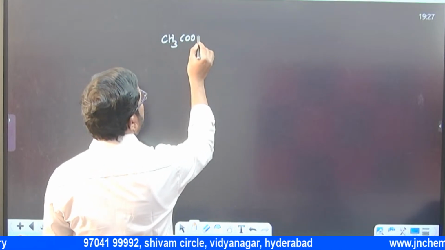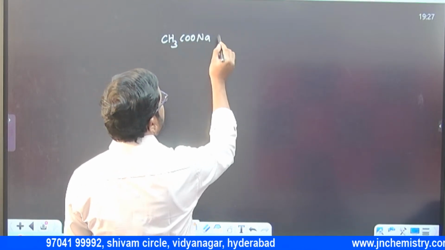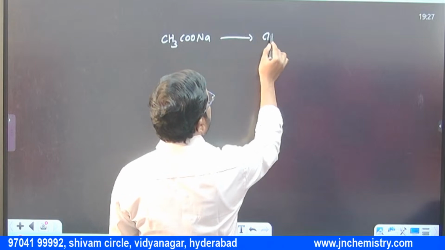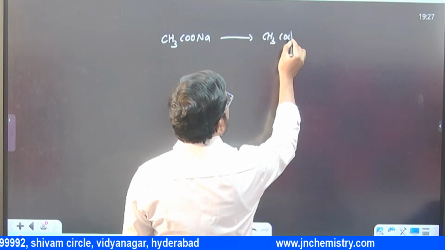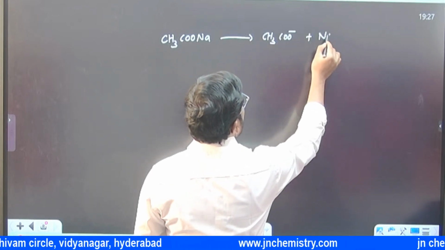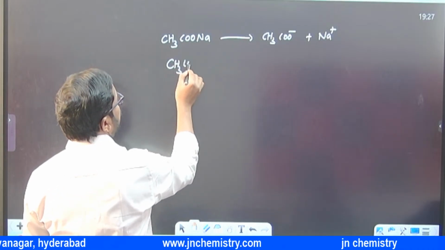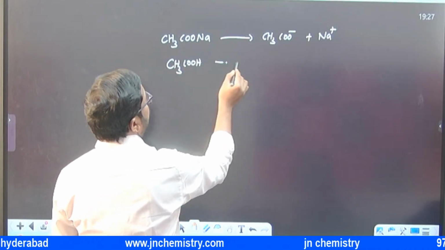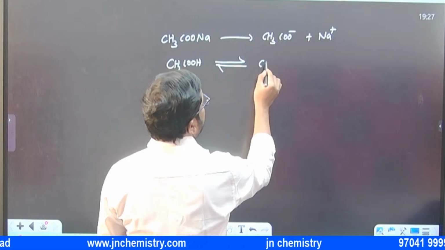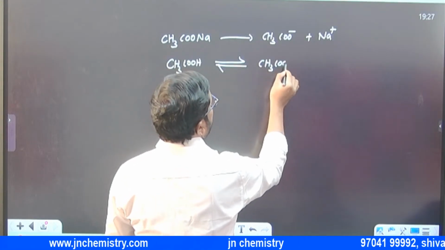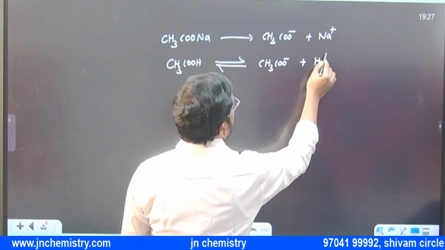The pH calculations are as follows. CH3COOH, a weak acid, dissociates into CH3COO minus and H plus.